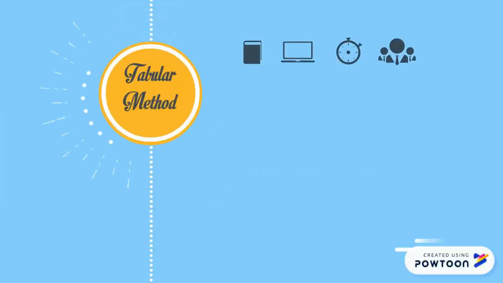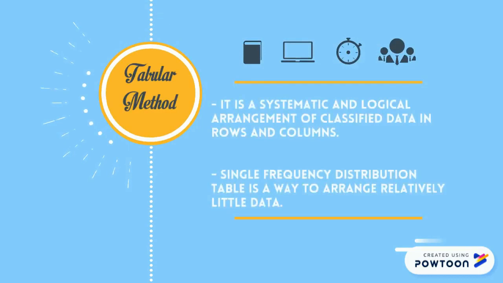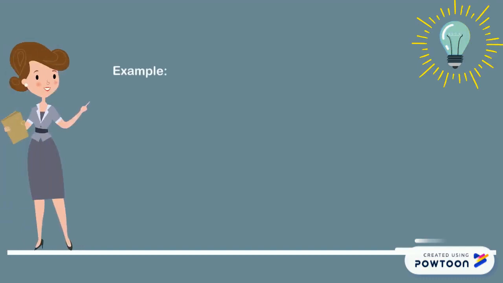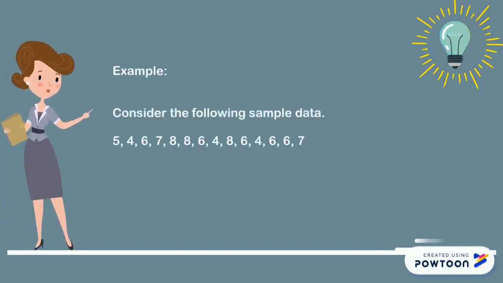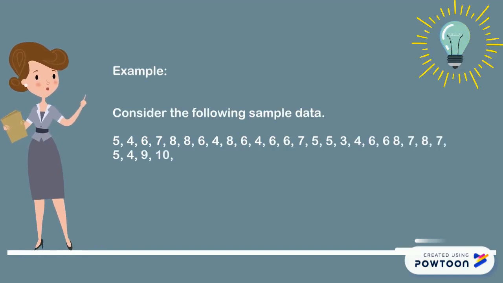Tabular method. It is a systematic and logical arrangement of classified data in rows and columns. Single frequency distribution table is a way to arrange relatively little data. Example. Consider the following sample data. State the data above in tabular form.